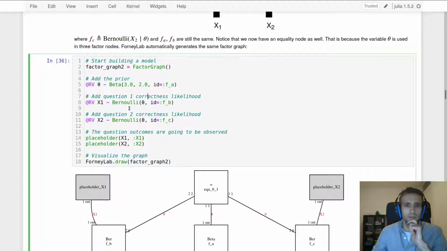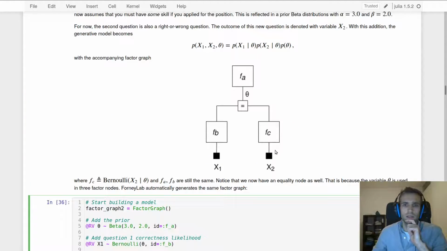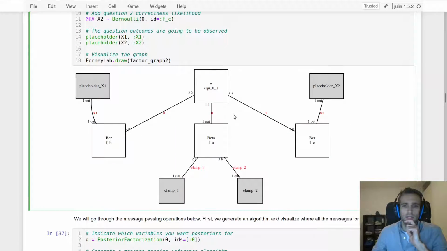So we have 2 likelihoods here. x1 is Bernoulli distributed, x2 is Bernoulli distributed, and then we get the following graph generated. You can see it matches the graph above. It's again flipped vertically. Fa is the beta prior with 2 clamped parameters. We have an outcome variable x1 and an outcome variable x2.